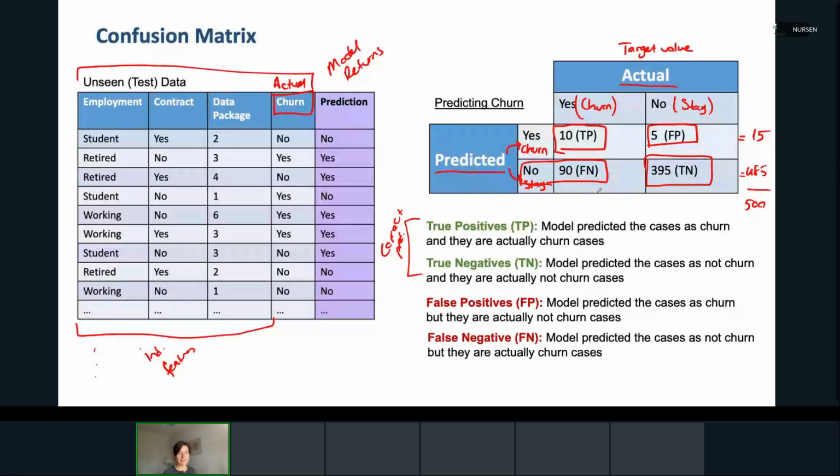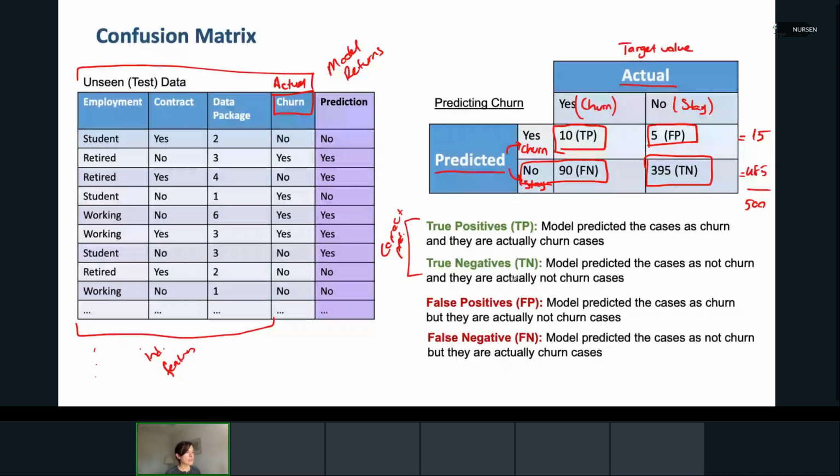The model couldn't identify them correctly. So our predictions versus actual outcome are divided into 4 groups in the confusion matrix. 2 of the groups show the correct predictions, true positives and true negatives, and 2 of the other groups are the errors we are making, type 1 errors as false positives and type 2 errors as false negatives.